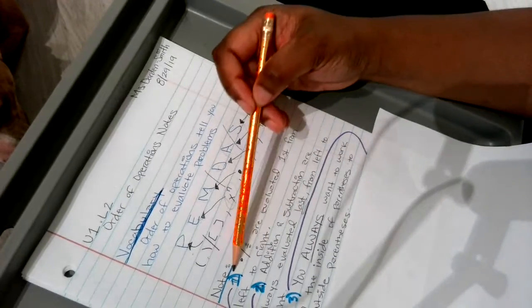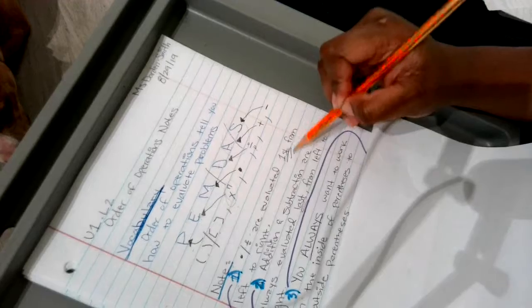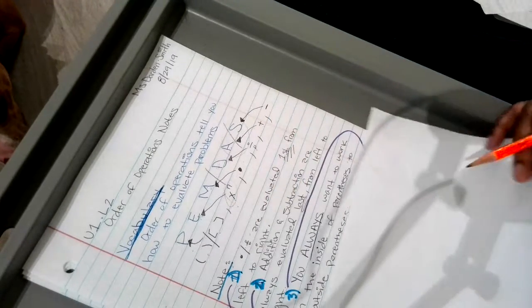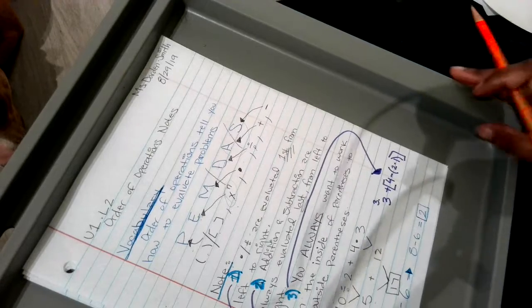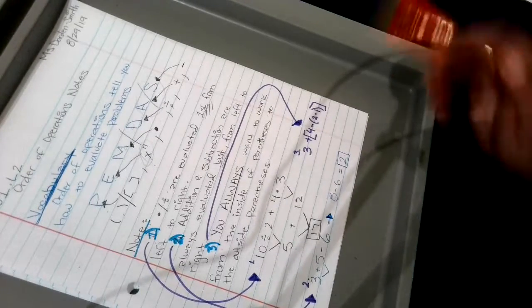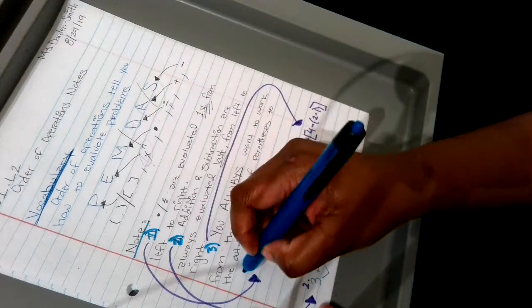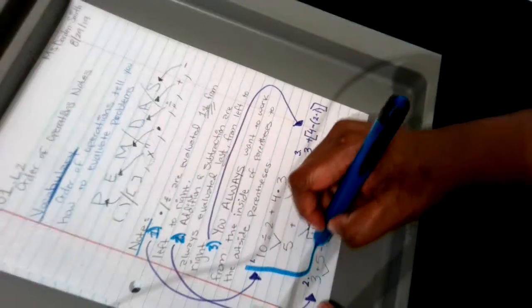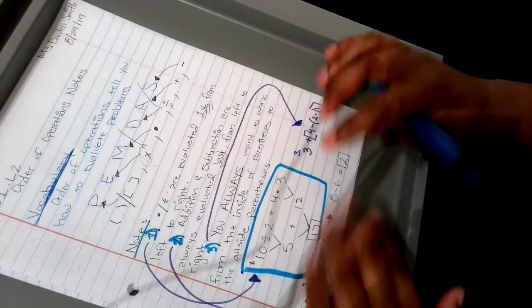So for number one, multiplication and division, you evaluate them first from left to right. So here, I've worked out a problem, right?